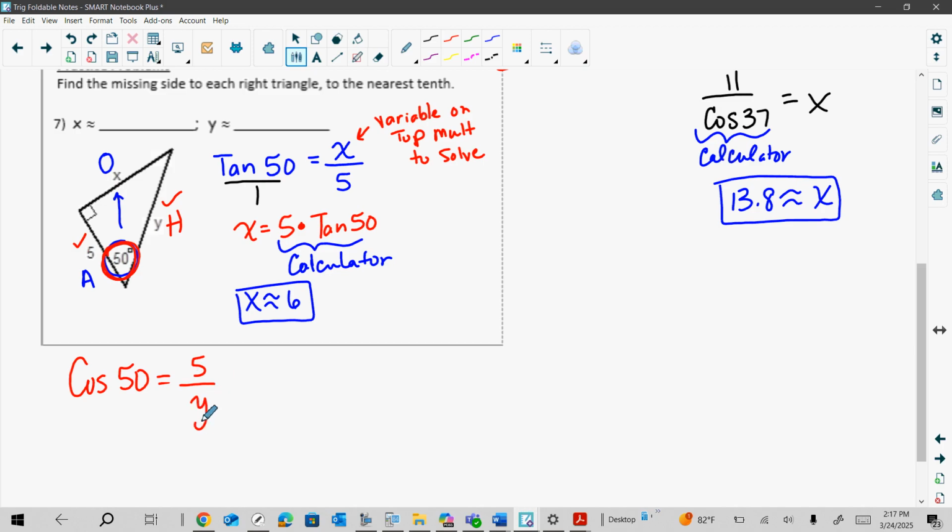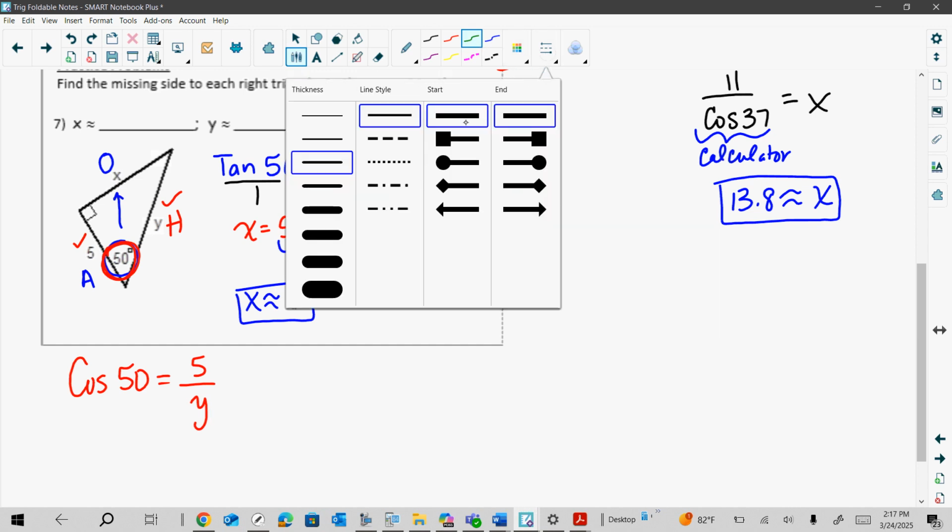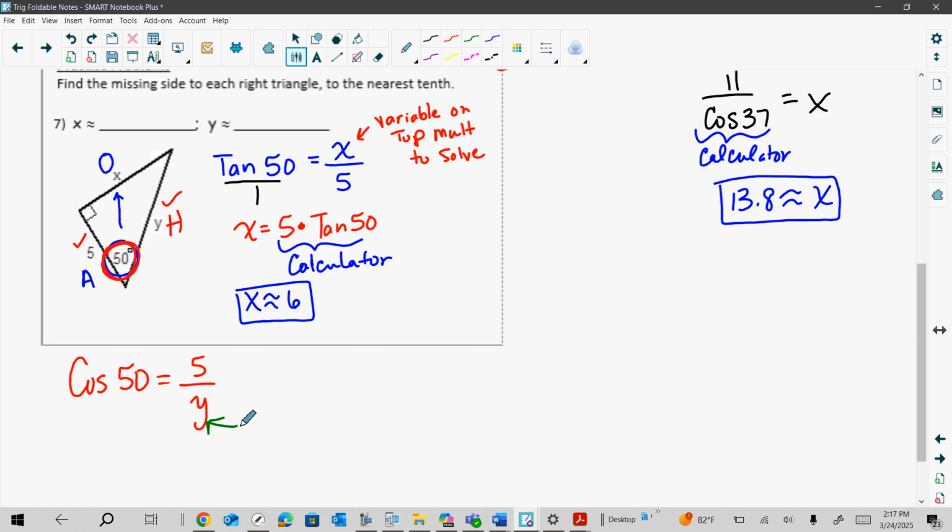Now, here's the shortcut to help you. If the variable is on the bottom, anytime you see the variable on the bottom, you're going to switch and then divide. So this is what I mean by switching.